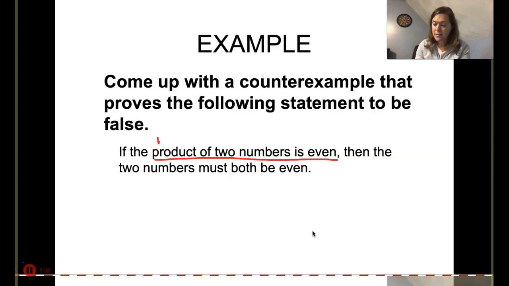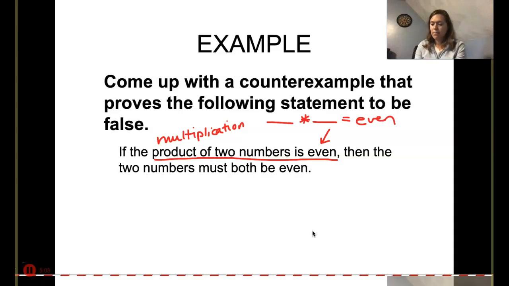Product means multiplication, right? So if I'm multiplying two numbers together and the answer is even, so I'm taking a number, multiplying it by a number, and I'm getting an even answer. My conclusion is that those two numbers must both be even.